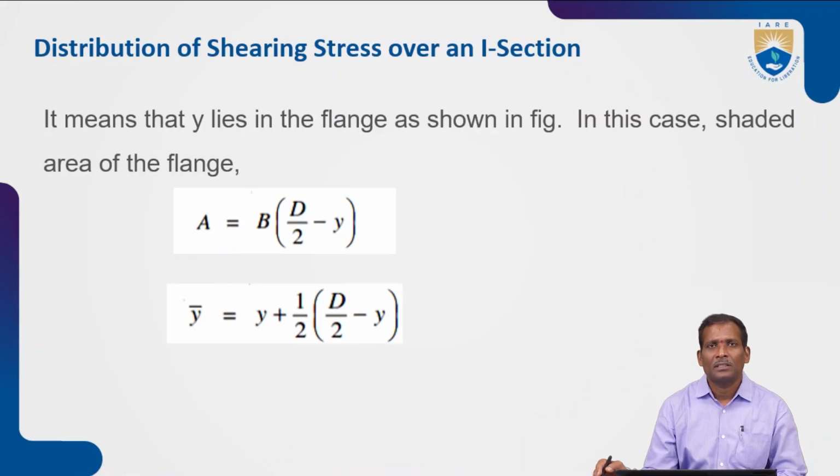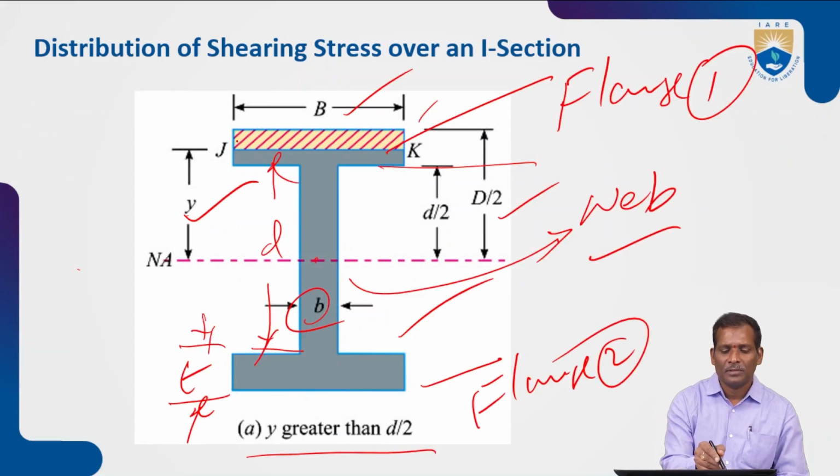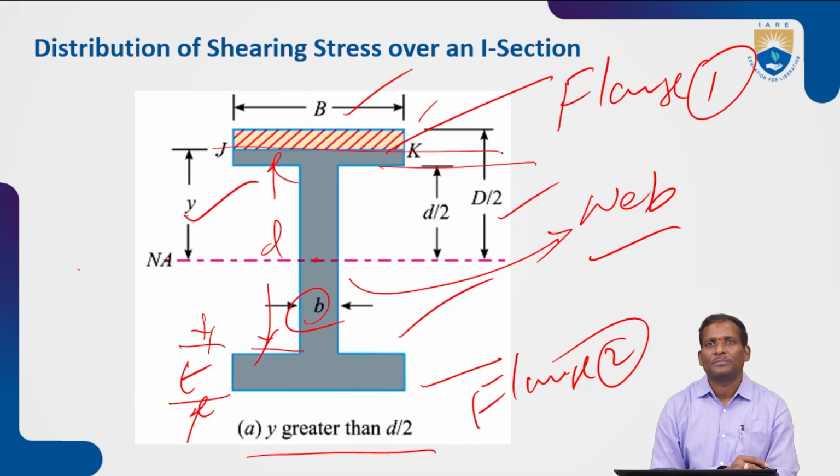It means that y lies in the flange as shown in the figure. So in this case, the shaded area of the flange, exactly at jk, whenever y is greater than d by 2, the d by 2 value is less than y.